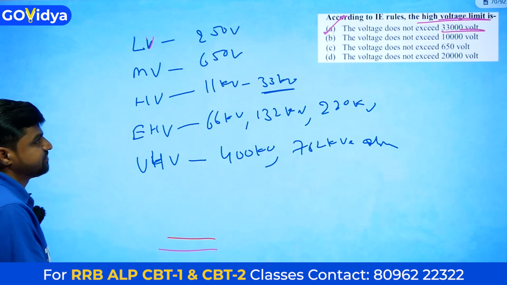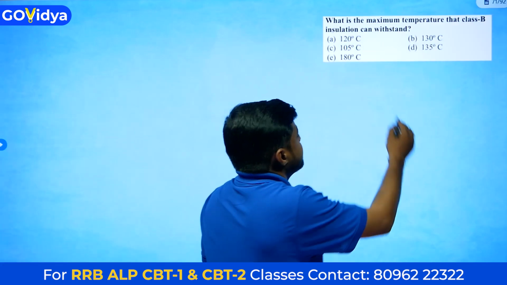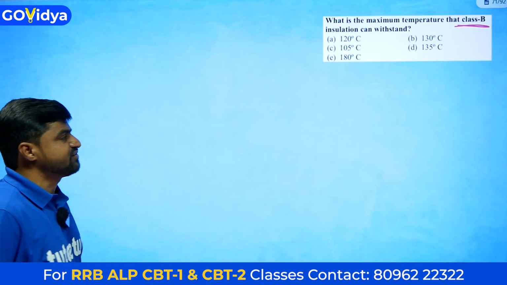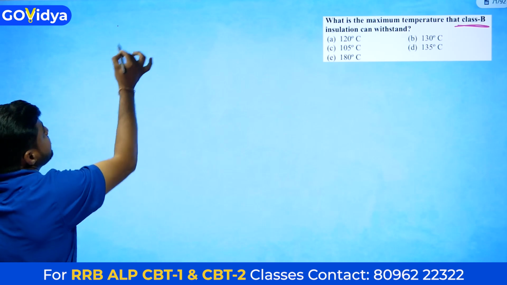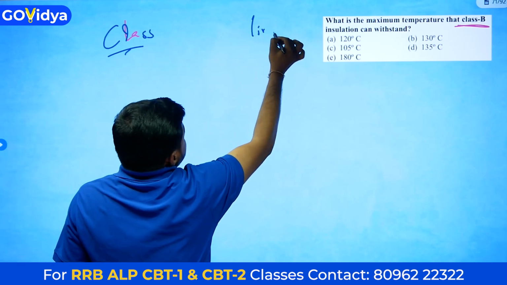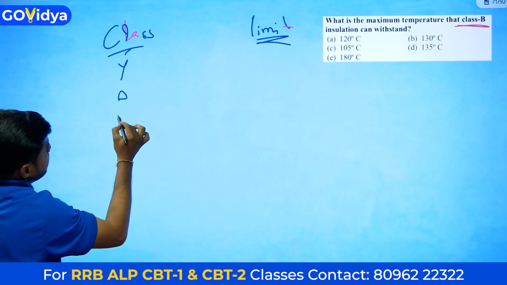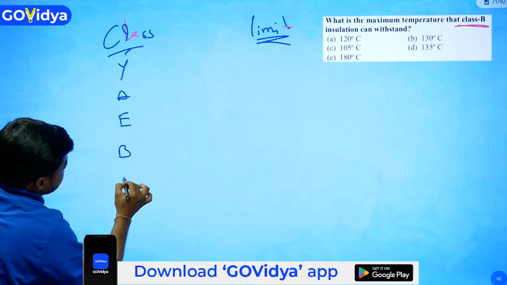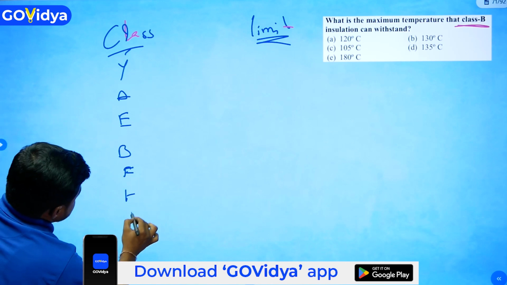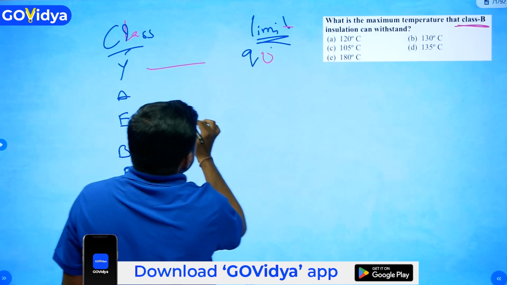Okay, next question. What is the maximum temperature that class B insulation can withstand? We have different types of insulations: class Y, A, E, B, F, H, C. Y limit is up to 90.